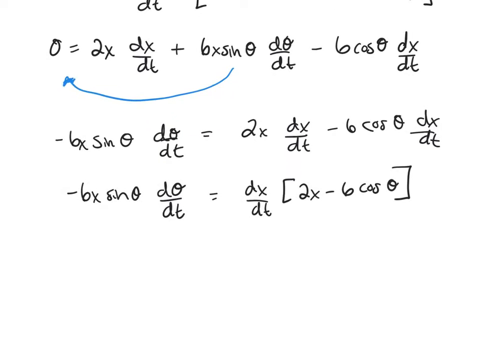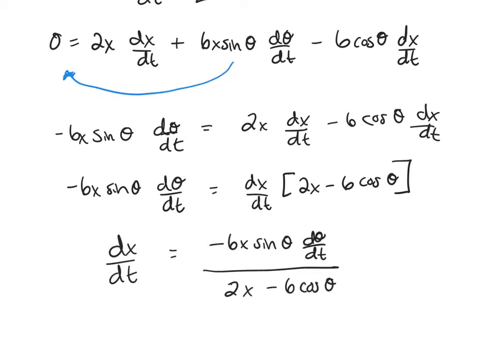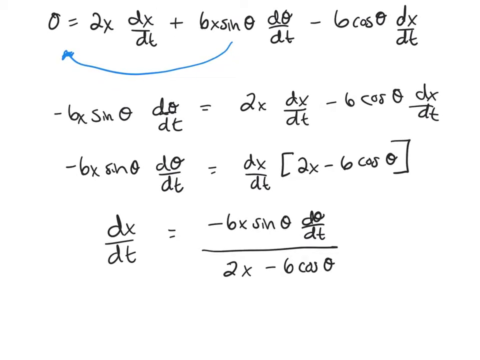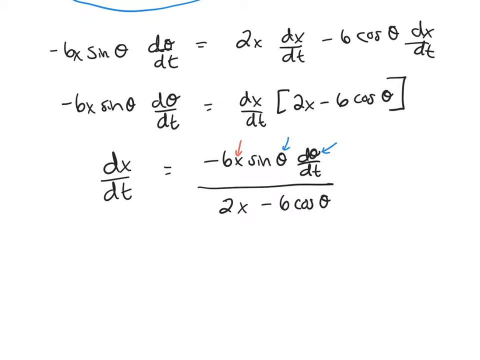So if I solve for dx dt, you get minus 6x sine theta d theta dt over 2x minus 6 cosine theta. So do I have everything that I need? Well, I know I was given d theta dt, and I know theta, it was pi over 3, but the thing I don't know yet is x. So we're going to have to solve for that.